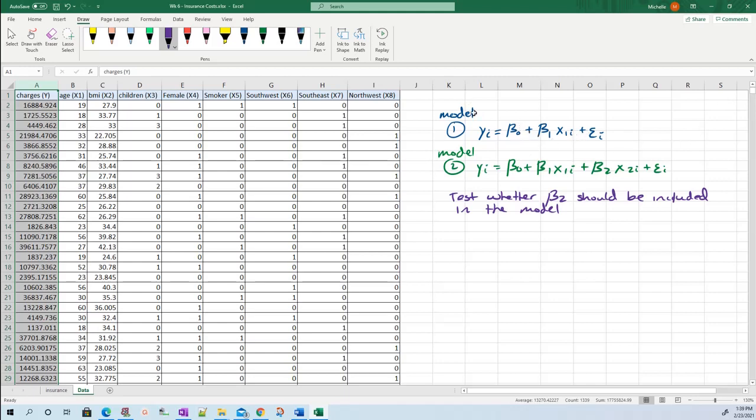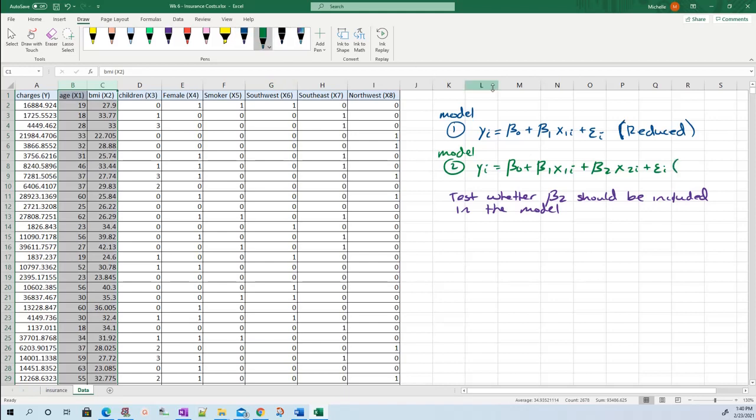The simple model would only have beta 1, only have age, and the full model will have both age and BMI. Sometimes you'll see this first model referred to as the reduced model, and it makes sense because it's smaller than the full model.